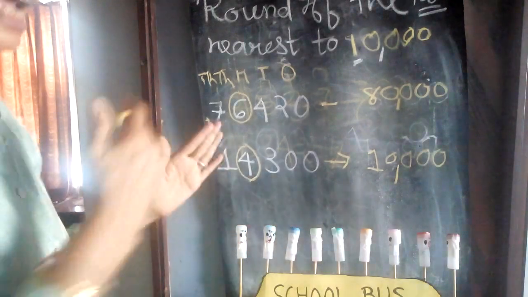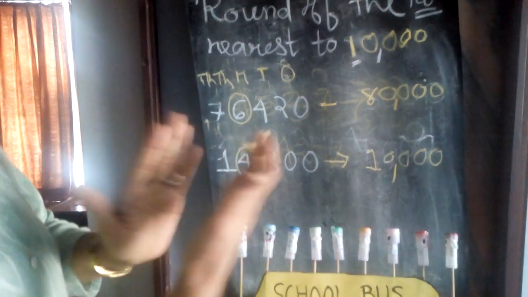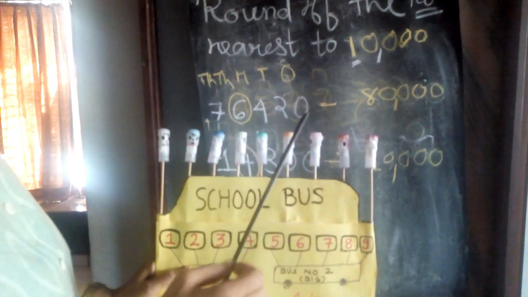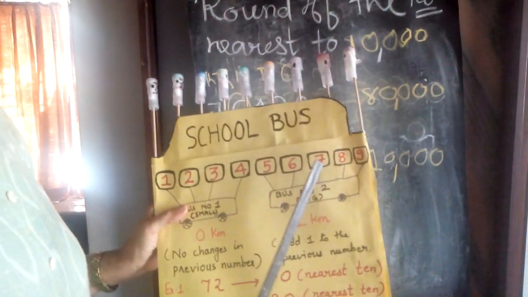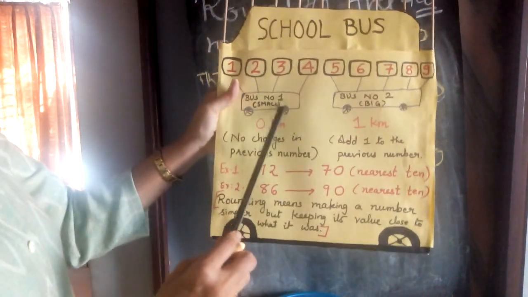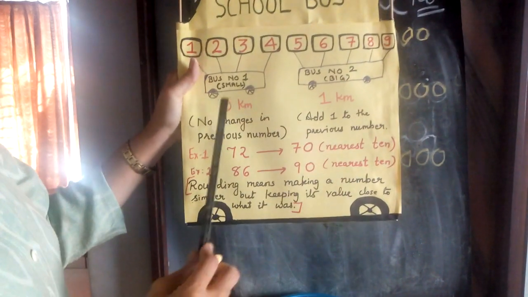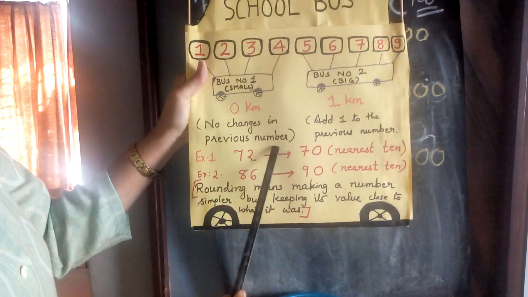So in the same way we are doing rounding of numbers to tens, 100, 1000, 10,000, lakhs. The procedure method is the same, children. Understood? Only remember: bus number 1 small, bus number 2 big. Bus number 1, 0 kilometer, that means no changes in the previous number.